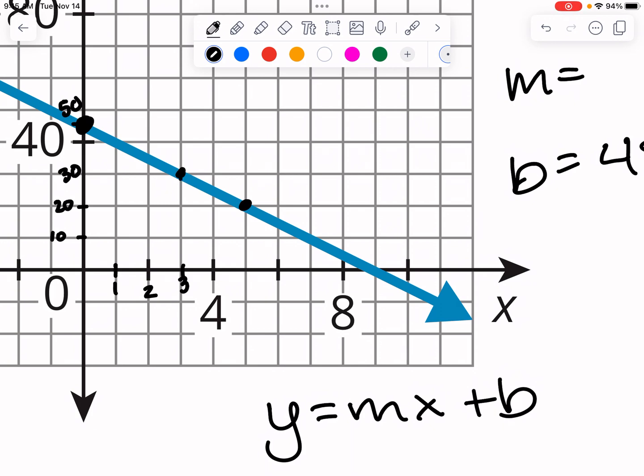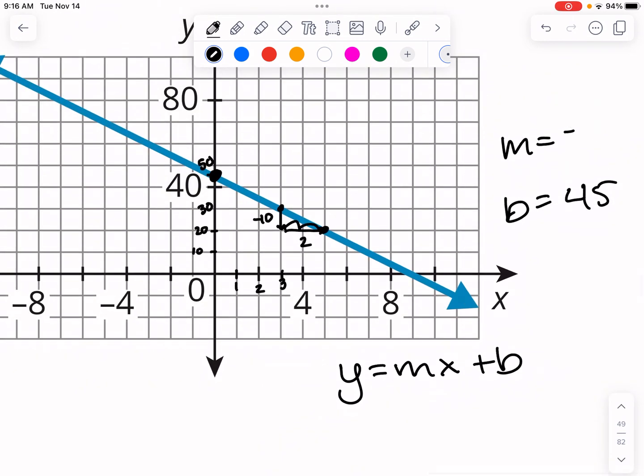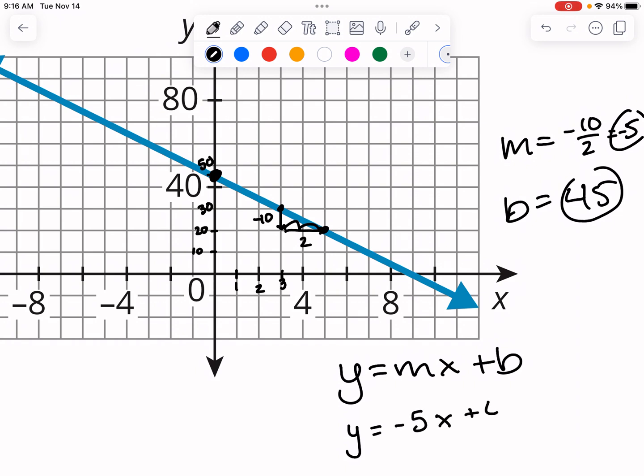So I'm going to go down and then to the right. This is down 10, so negative 10. This is to the right, 1, 2, so it's 2. So negative 10 over 2, and if you simplify, that's negative 5. So when you plug into the equation, it's going to be y equal to negative 5x plus 45.